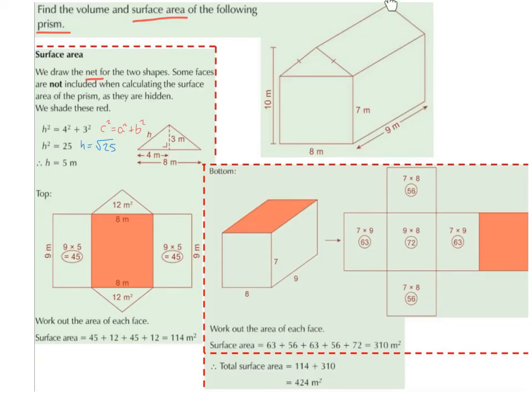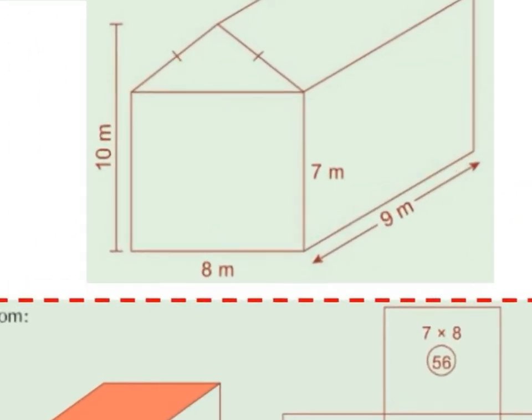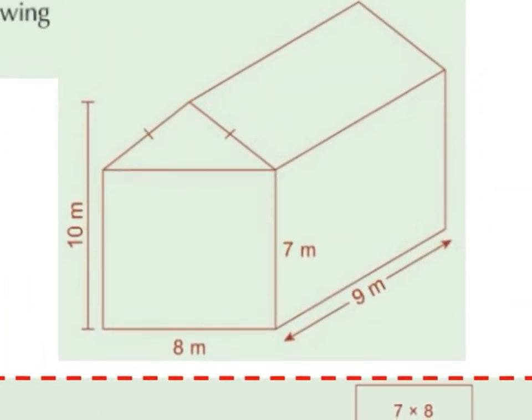So this length here is going to be 5 meters. So if I go back to my original shape, I now know that this length here is 5, and this length here is also 5. So I'm going to label that on my diagram. I know that this length here is 9, so this is also 9.